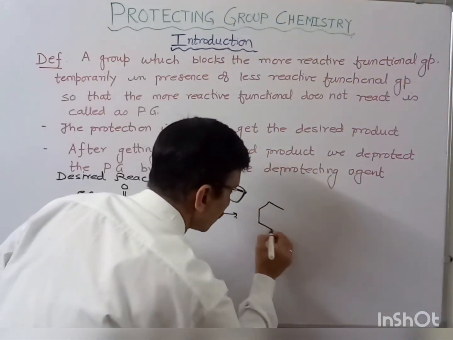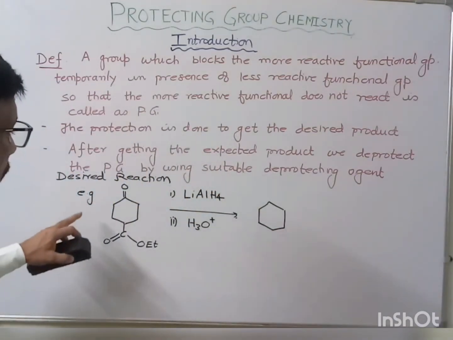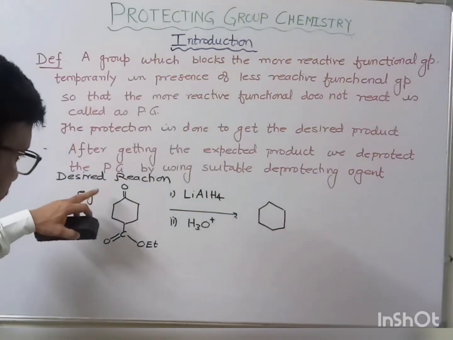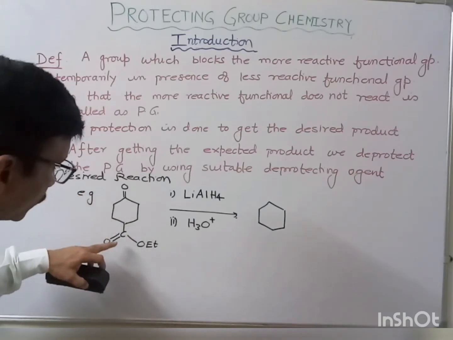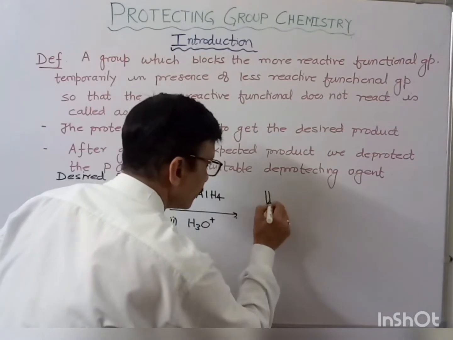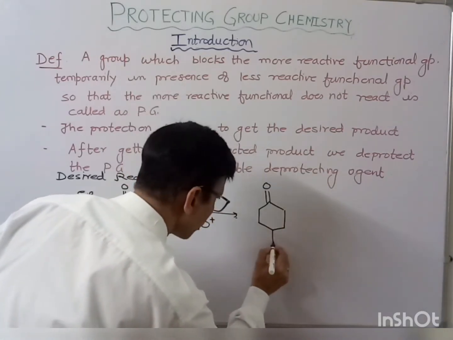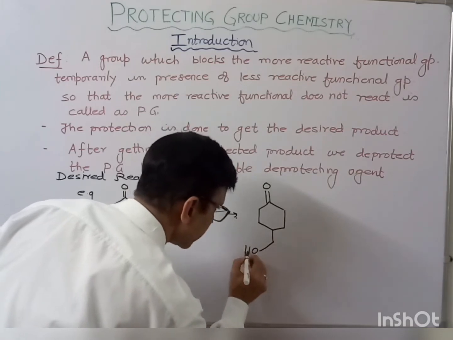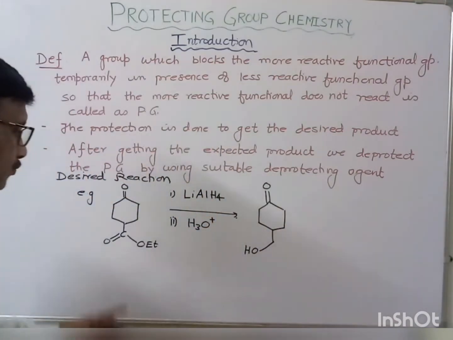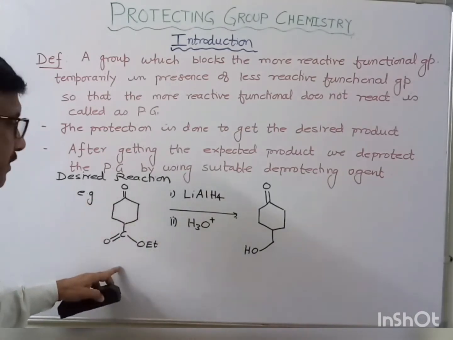we want to reduce only this ester functional group. Okay, so we want to reduce only the ester functional group, and the product that we want to get is this is the product. Okay, so here as you can see, two functional groups are present.